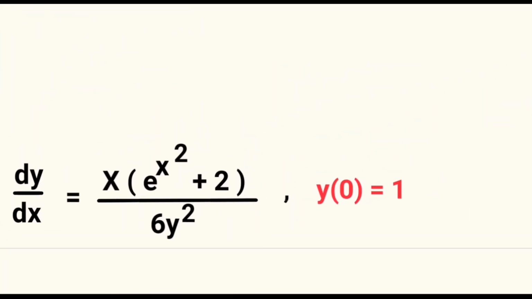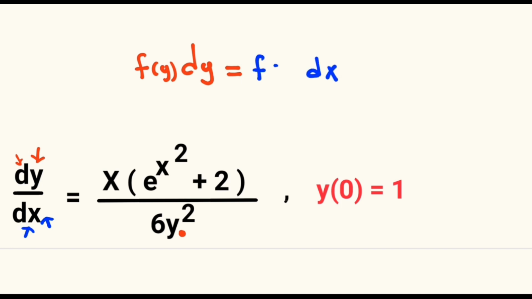The first step, we have to arrange the dy on the left hand side with the function of y, and the only function of y that we have is the y squared. And on the right hand side we are going to arrange the dx with the function of x, and we have that as the function of x.